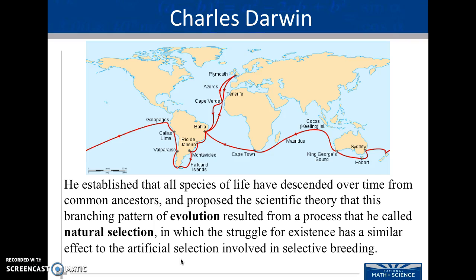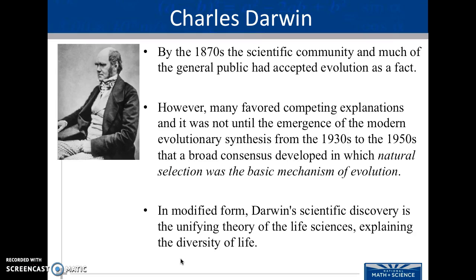He basically established that all species of life have descended from common ancestors, and he proposed that evolution resulted from a process called natural selection, which was basically the process of certain organisms dying out because they are not successful, and certain organisms surviving, reproducing, and adding to the gene pool.